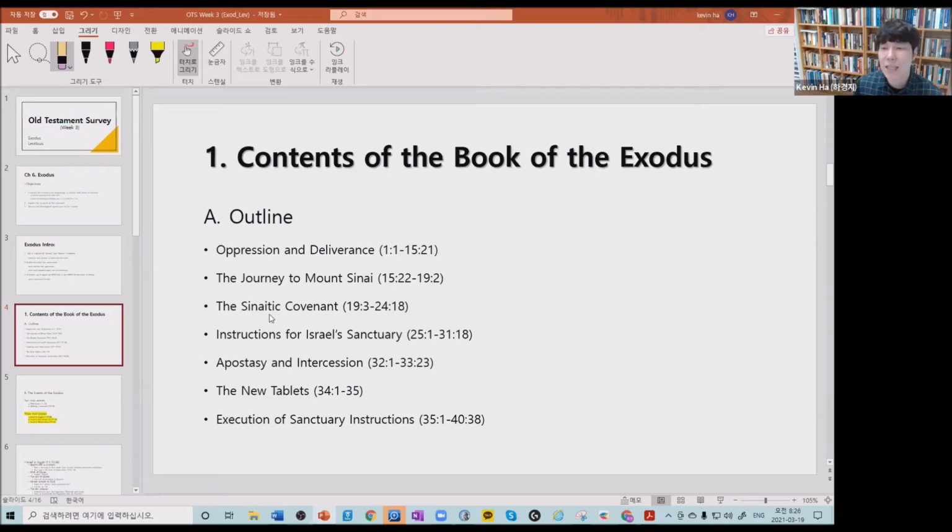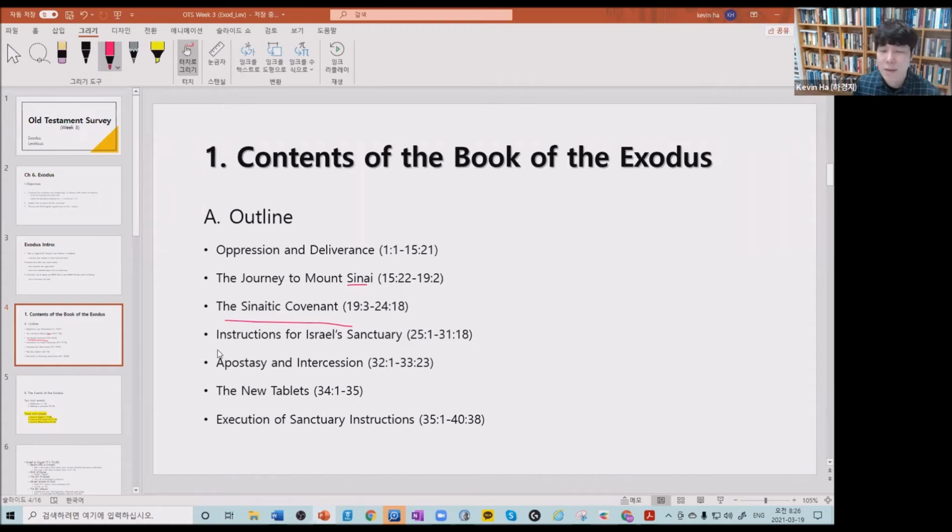We call it the Sinaitic covenant because there are a lot of covenants in the Bible: covenant with Adam, Noah, and Abraham, so many covenants. Later, covenant renewal at Shechem and Moab, and Joshua and David. So because they made a covenant this time at Sinai, we call it the Sinaitic covenant.